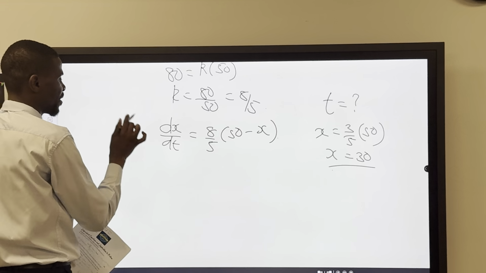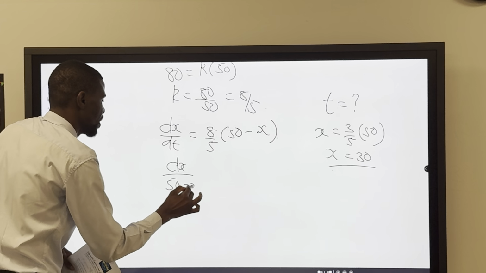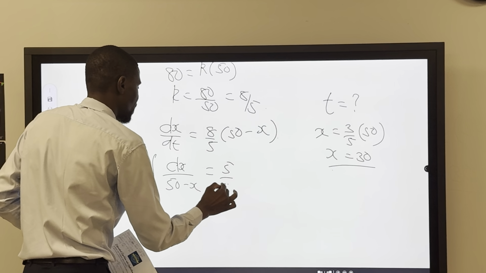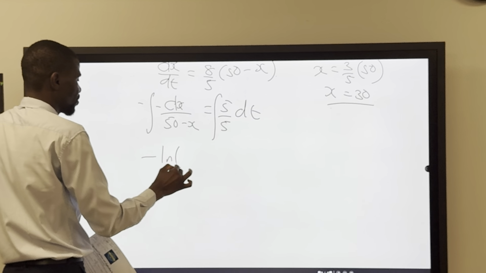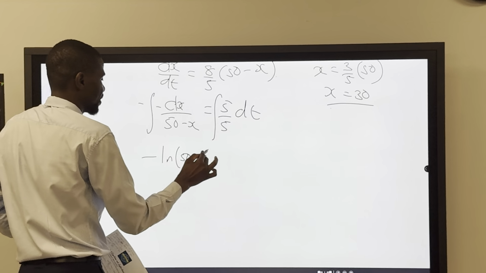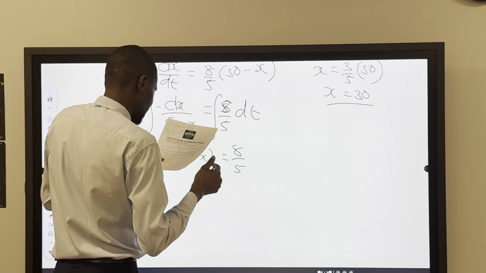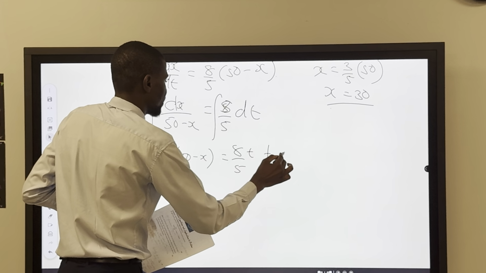I'm going to separate the variables: dx over 50 minus x equals 8/5 dt. I'm going to integrate. Since the derivative of 50 minus x gives a negative, I put a negative outside. So the answer is negative natural log of 50 minus x equals 8/5 t plus c.